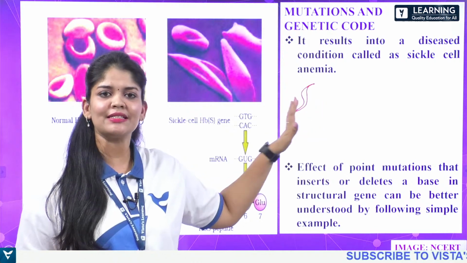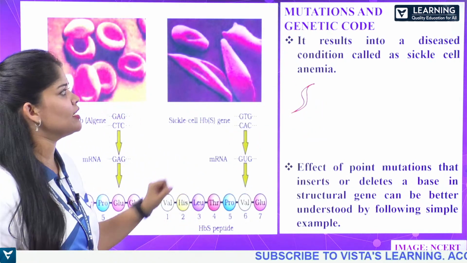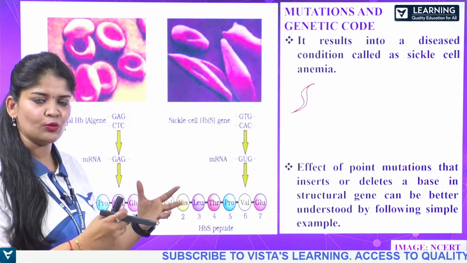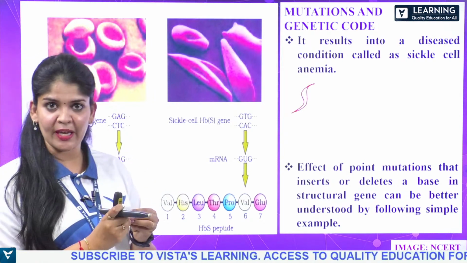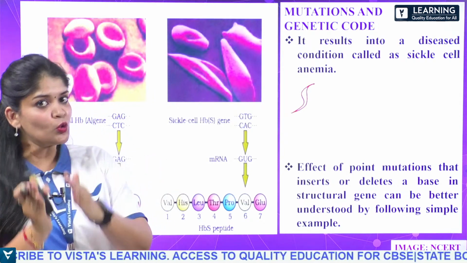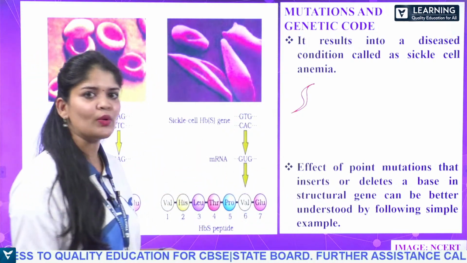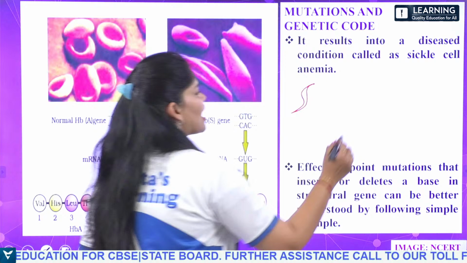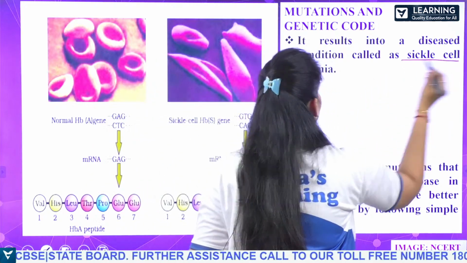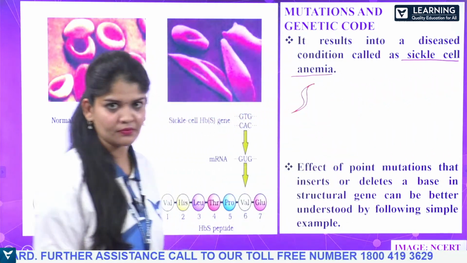That is why it is unable to carry oxygen. Here the change in a single base pair changes glutamate into valine. This results in a diseased condition called sickle cell anemia.